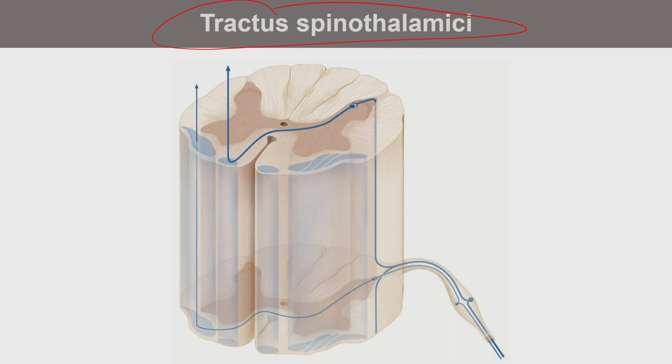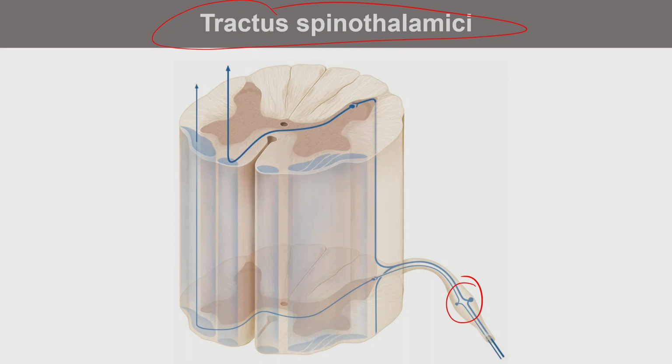What's important here is that we have two sensations led by spinothalamic tracts. This spinothalamic tract has a first neuron, like all sensory ones, in a spinal ganglion.